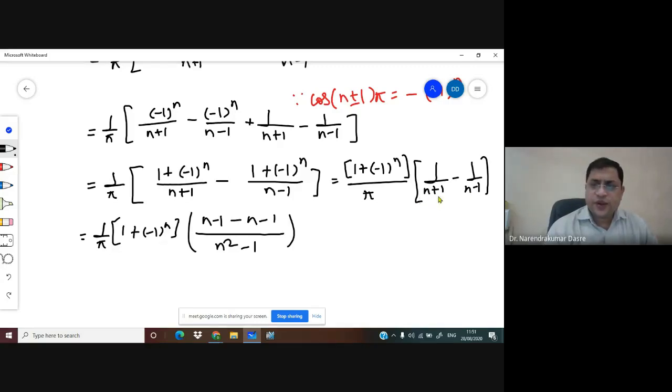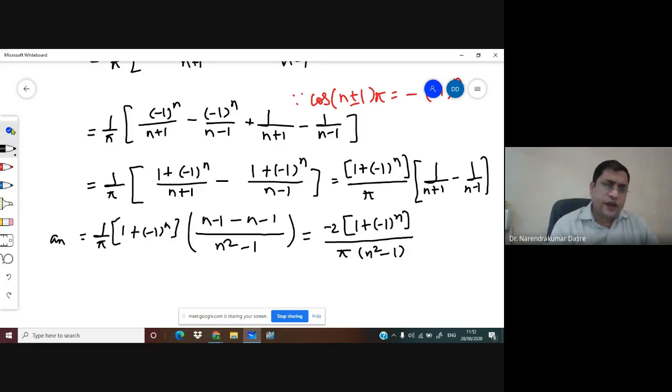So a plus b, a minus b, a square minus b square. This n will get cancelled, and so we'll be having minus 1 and minus 1 minus 2. So we get this minus 2, 1 plus minus 1 raised to n upon pi, and this is n square minus 1.